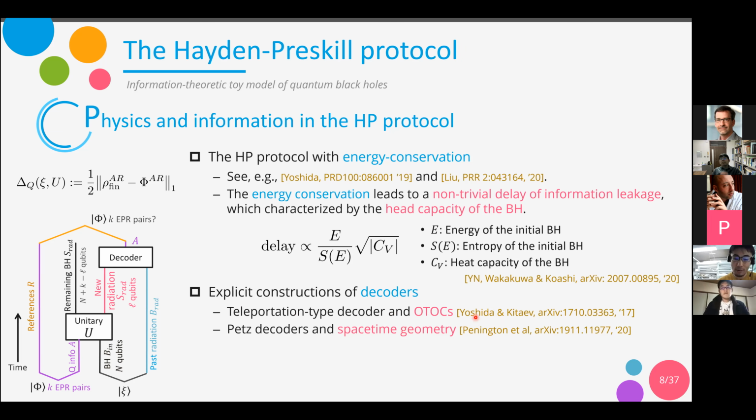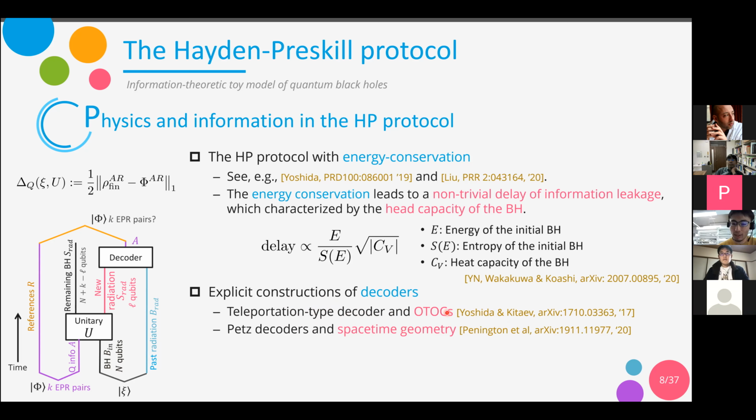For example, in this paper, Yoshida and Kitaev provided a teleportation-type decoder. And they found that this decoder is closely related to out-of-time-ordered correlators. So this is, I think, very interesting because, again, the decoder is a matter of information theory, but OTOC is a matter of physics, right? So by considering the decoders, we can connect information and physics to some extent. And also recently, Pennington and other people found some relation between the Petz recovery map, the Petz decoder, and space-time geometry.